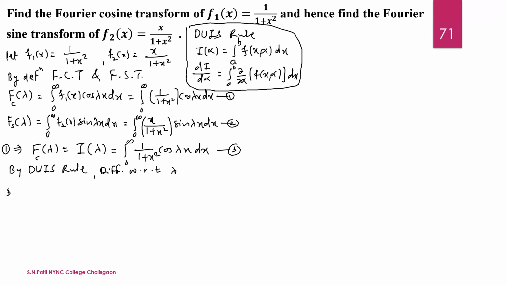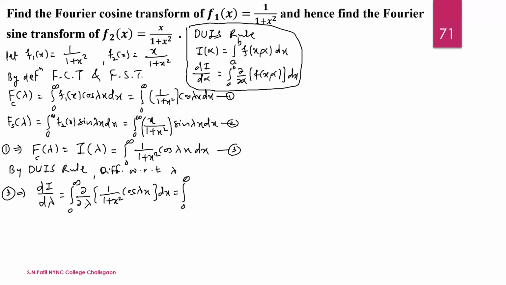The derivative of I with respect to lambda is equal to d by d lambda outside the integral, and when it comes inside the integral it becomes the partial derivative with respect to lambda of 1/(1 + x²) cos(λx) with respect to x, integrated from 0 to infinity.